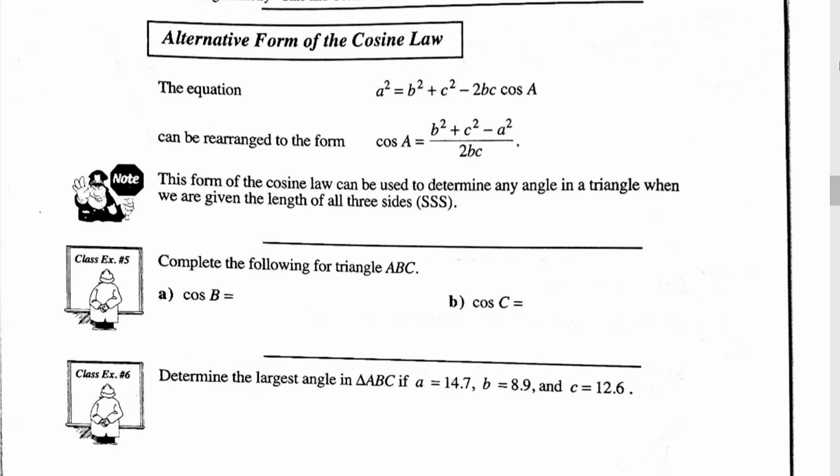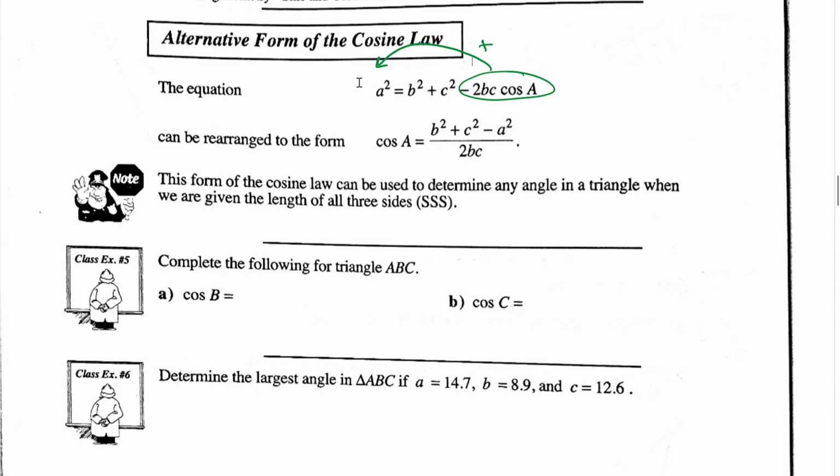Just to give you an idea of how we rearrange this, you would take the negative 2bc cos a and bring it over to the left-hand side by adding it. You add 2bc cos a to both sides, so it cancels on the right and shows up as positive on the left.